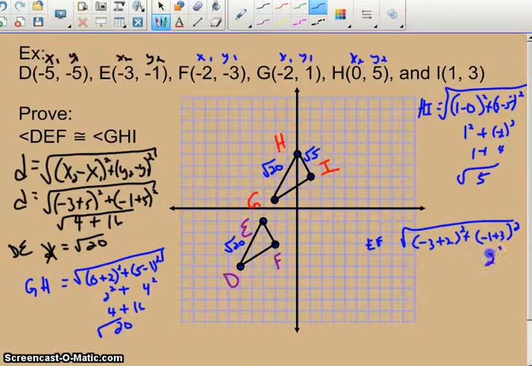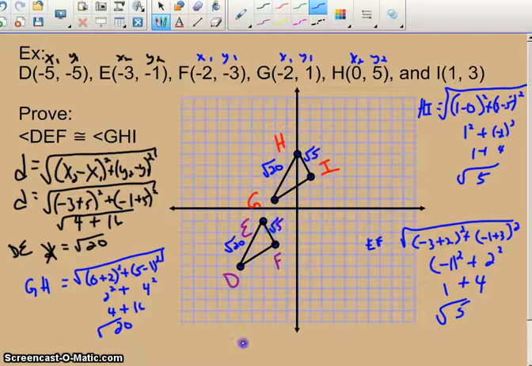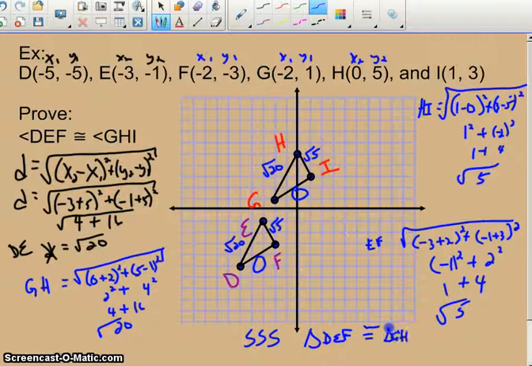So let's see, that will be a 1 squared plus a -2 squared. So 1 plus 4 is the square root of 5 again. So we're going to say that these two we showed to be congruent. So by side, side, side, triangle DEF is congruent to triangle GHI.